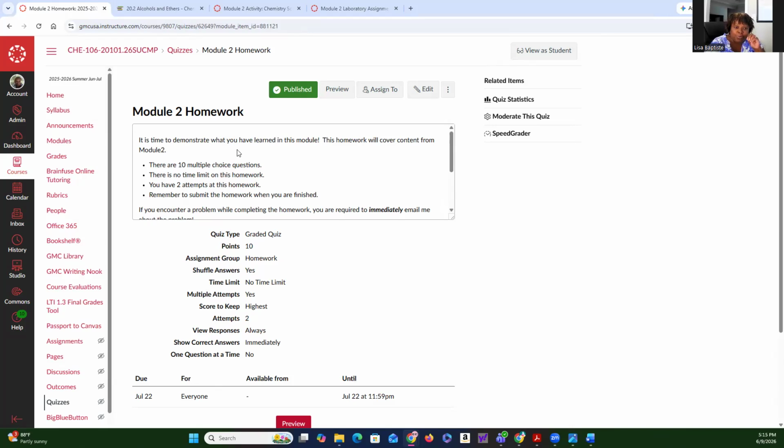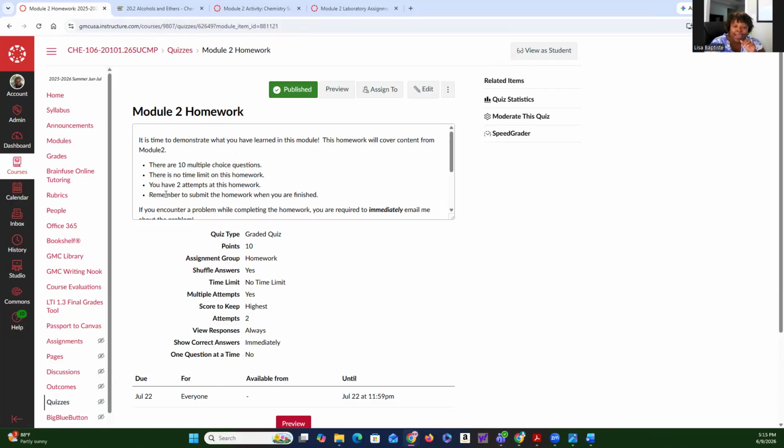So very important, when you complete that first attempt, if you didn't do as well as you would want to do, I would strongly suggest that you go back over the material that covers the questions you weren't quite sure about. And then make sure that you ask me questions of any information that you don't fully understand.